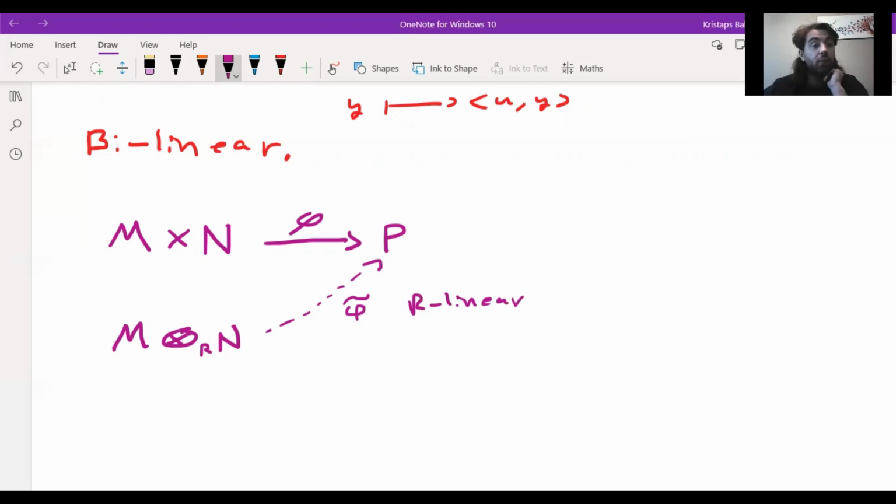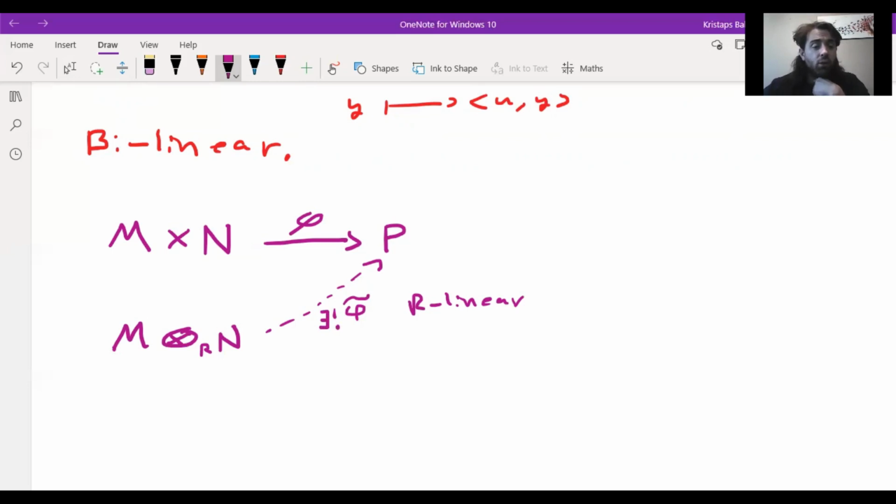Our map phi is bilinear. We want to turn this into an R linear map on our new object. And of course, we're defining a universal property, so we want this object to be uniquely defined if it exists. And so we should hope that we can have a uniquely defined map satisfying this property.